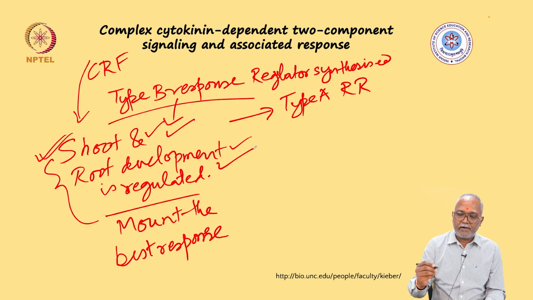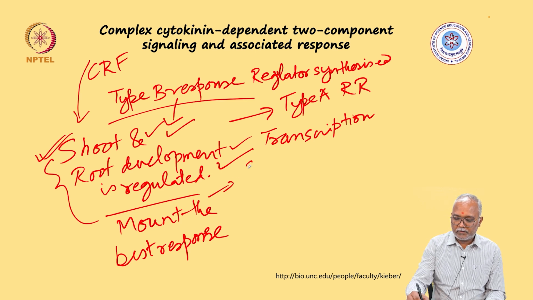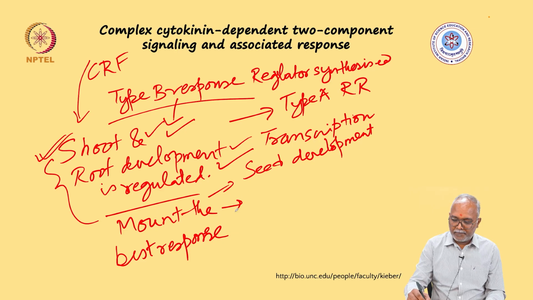In root development, the tissues will be of a different type, and a different response regulator will govern the transcription of the next molecule. As well, it will affect the seed development, as well as the vascular bundle differentiation.